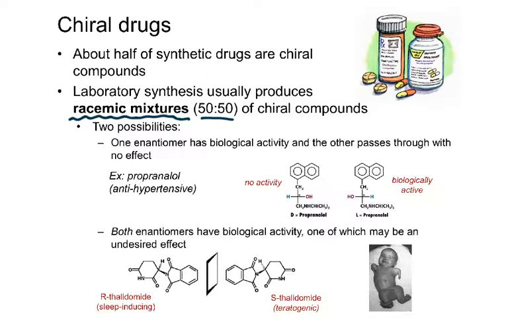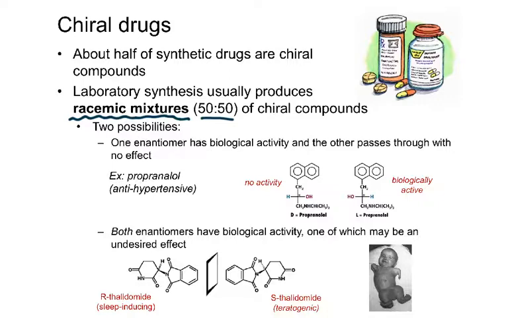Now, sometimes this doesn't have any negative consequences. Sometimes with a drug, you might have right-handed and left-handed versions where one of the enantiomers is biologically active and has the effect of the drug, and the other enantiomer has no activity, and so it doesn't have any bad side effects. An example in real life of this is propranolol, which is an antihypertensive given to people with cardiovascular disease.